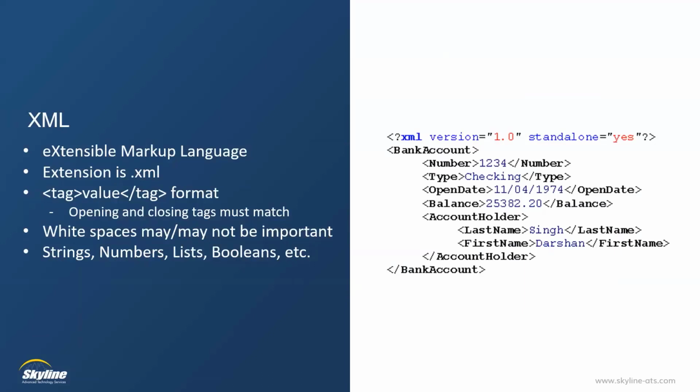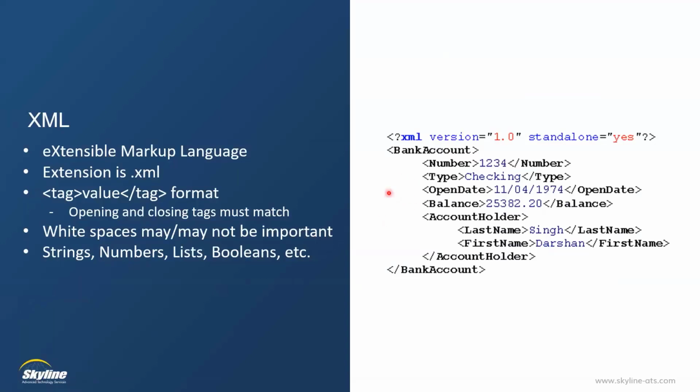Where do white spaces matter? White spaces inside the tag are important. If I write last space name or last name with no space, that's different, so that space matters. Sometimes spaces within the data itself might not matter, depending.